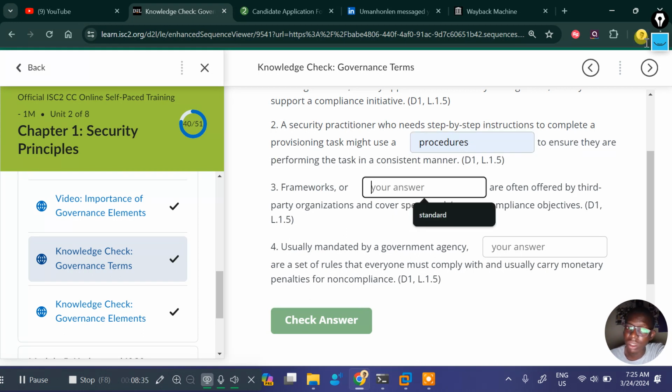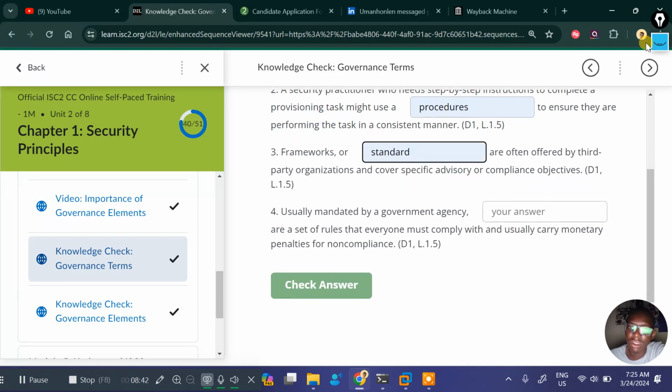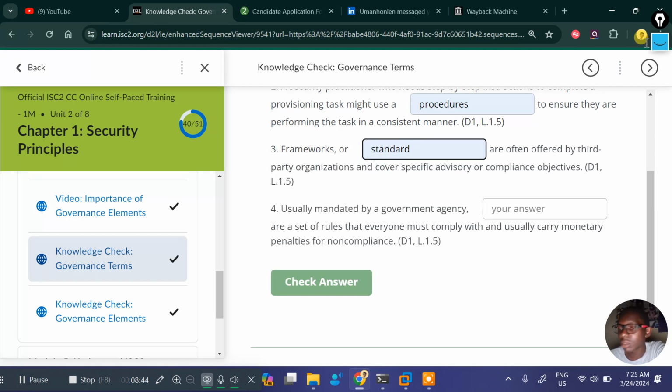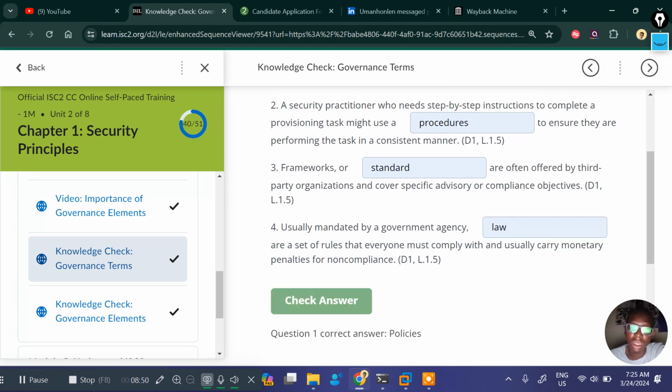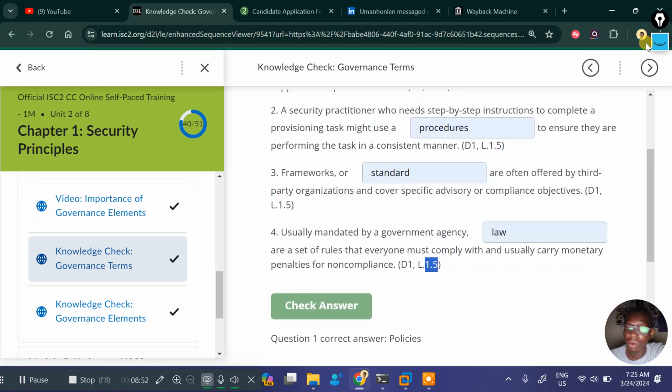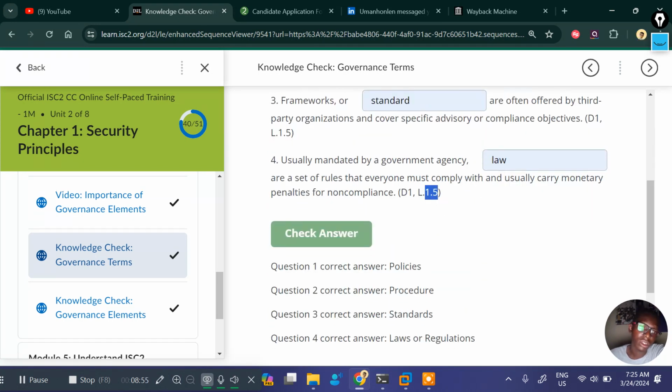So whatever the entertainment industry defines, like says, oh, this is plus 18, you have to follow that directive, which is why we have the standards. And usually mandated by government. Anywhere you see anything government, please just go ahead and put in the law or regulation. And when you check the answer, we have all of those very correct.